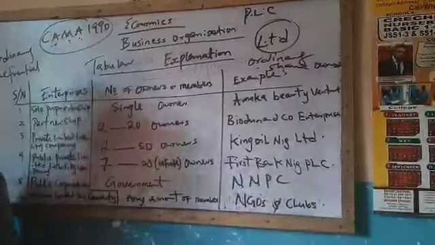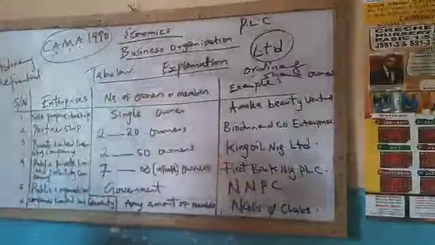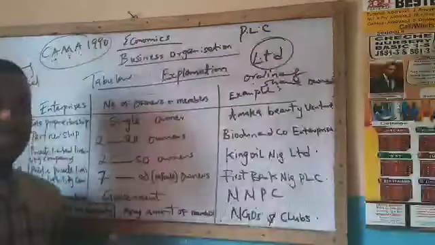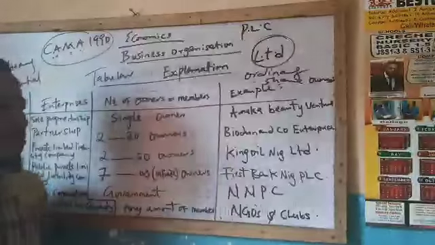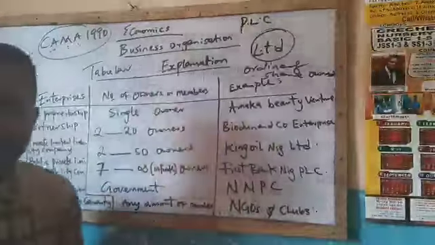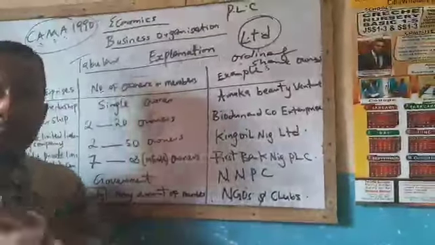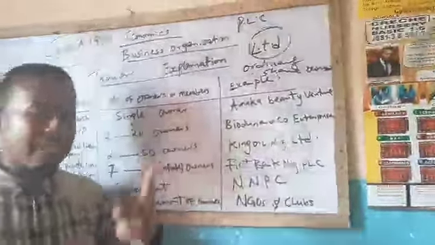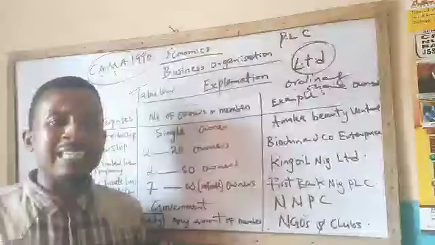They are not owned by any individual. An example of such is NNPC. We have NTA and others. So they are just there for the main purpose of making what? Creating services to the masses. They are not there for profit making. Although they make money, the money goes back to the purse of the government to serve the greater population who are the public.